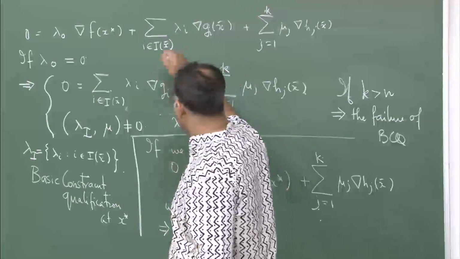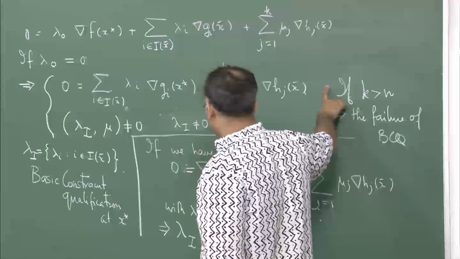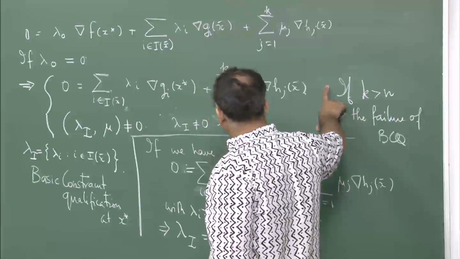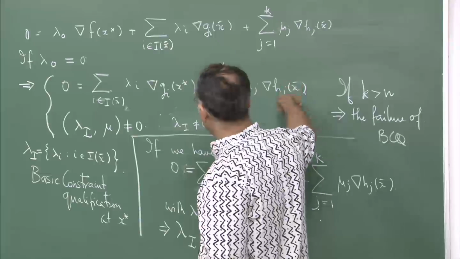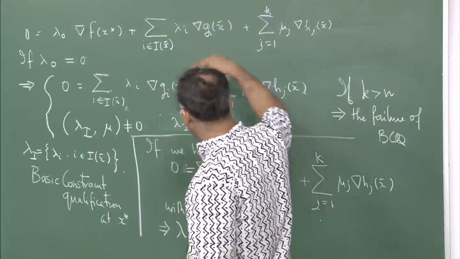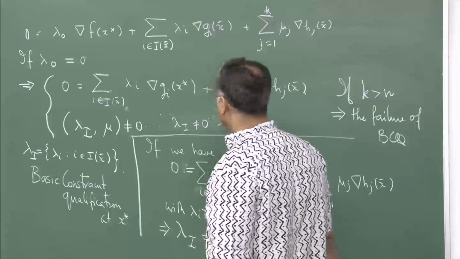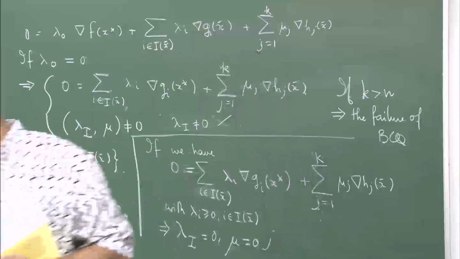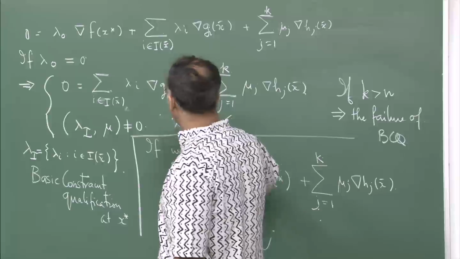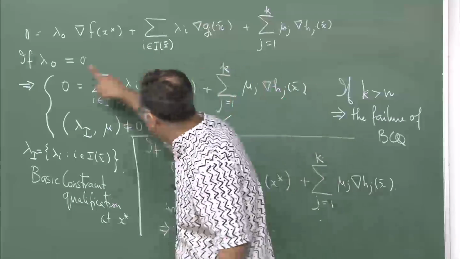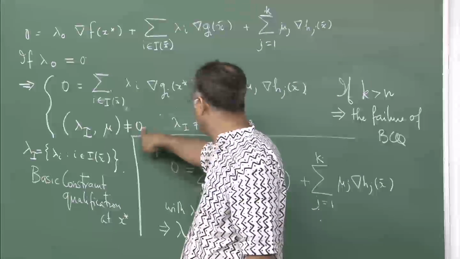So if you say that BCQ holds, then you must have linear independence of this, and when you have linear independence of this, it will always imply that this is not equal to 0. This is a very crucial point to understand. So this is what is called the failure of the BCQ.